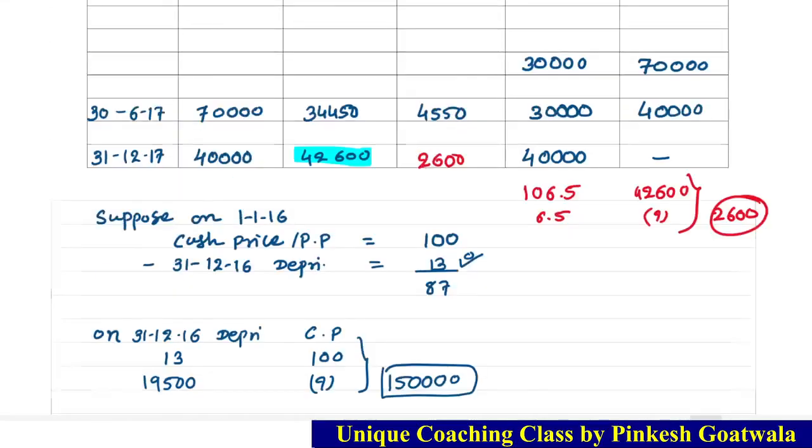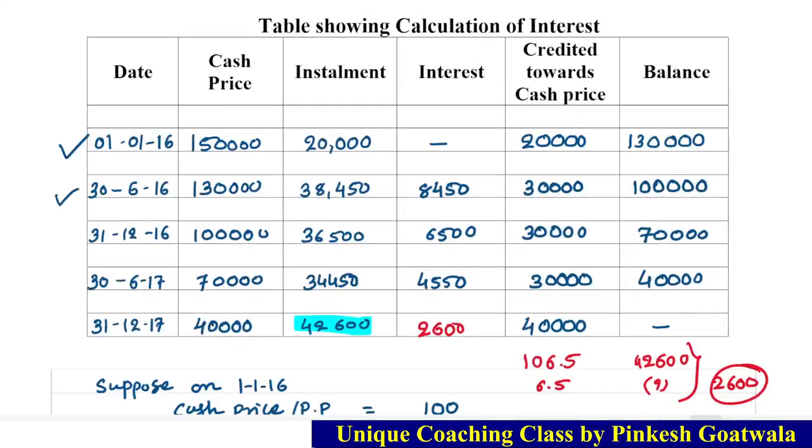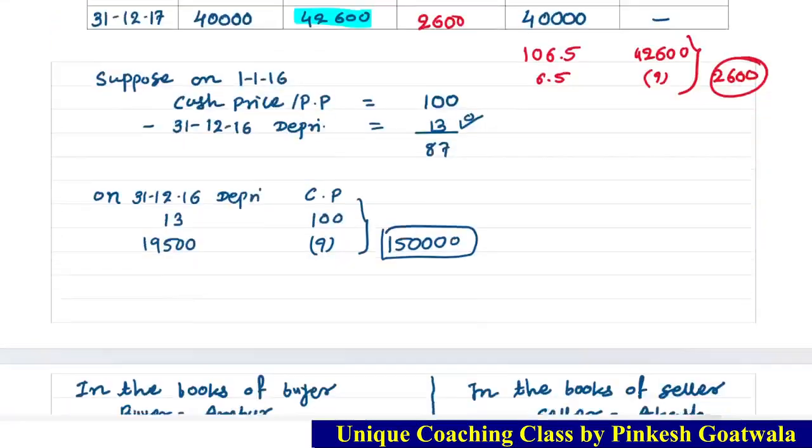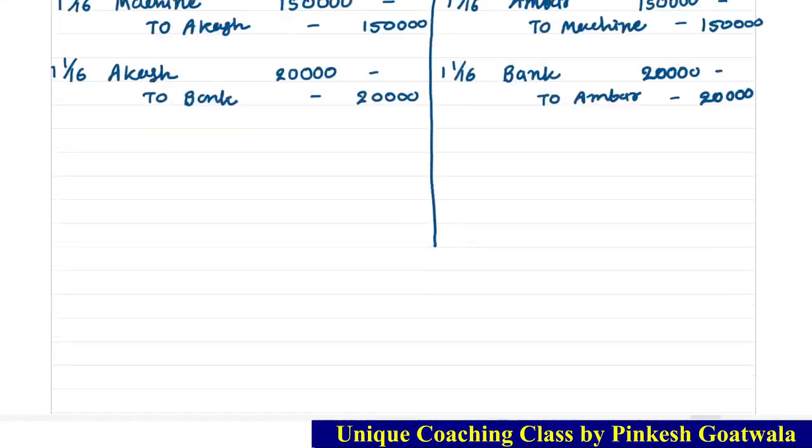Now next the installment comes. First installment comes on 30 June 16. Okay, at that time the installment is 38450 and interest 8450. First journal we do for the interest. So here interest is an expense. So interest to Akash. And for the installment payment is made, so Akash will receive.